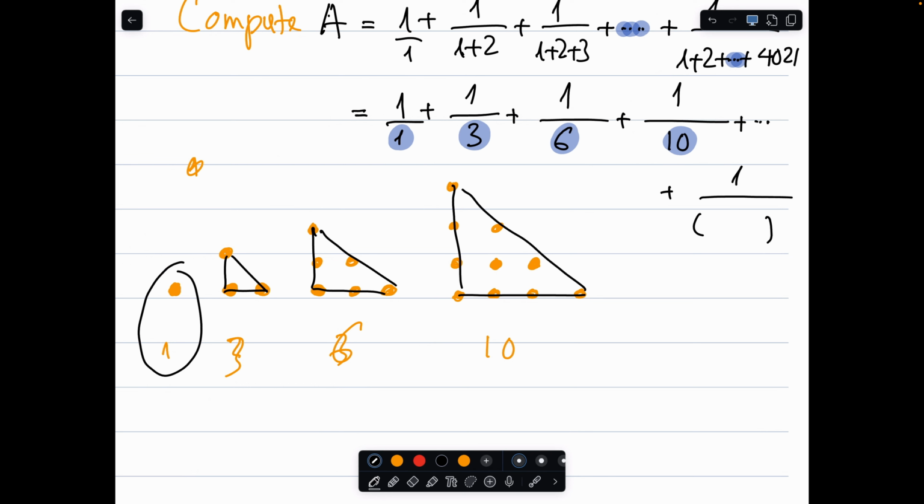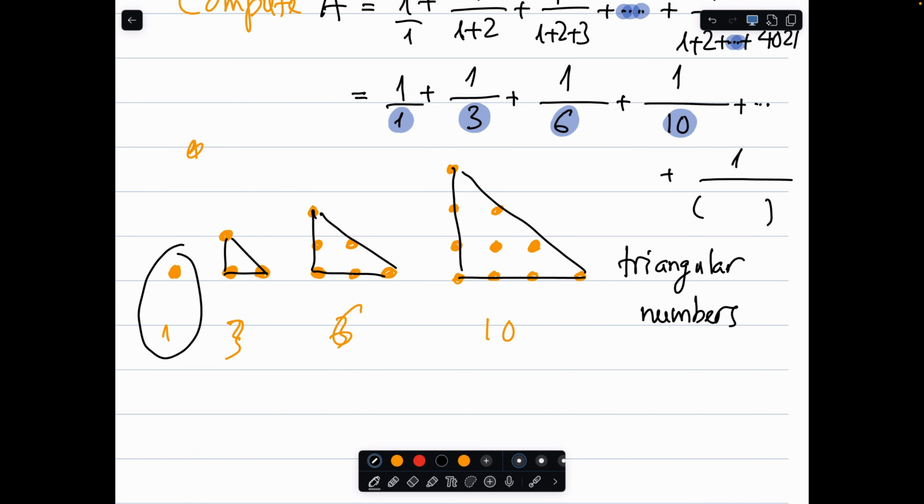That's why they are called 1, 3, 6, 10, and 15, and etc. are called triangular numbers. Okay. And if they are triangular numbers, then there is a formula to write it down.